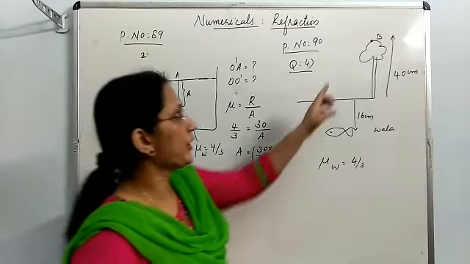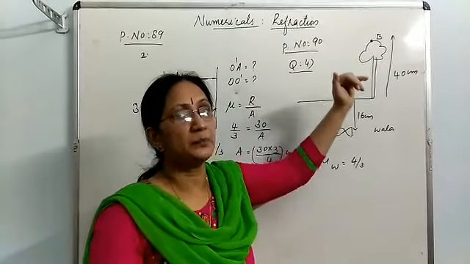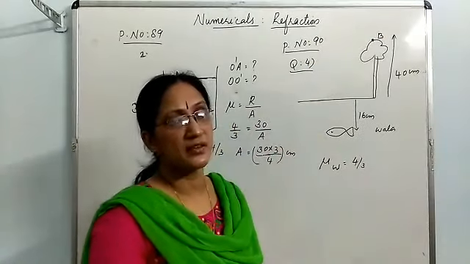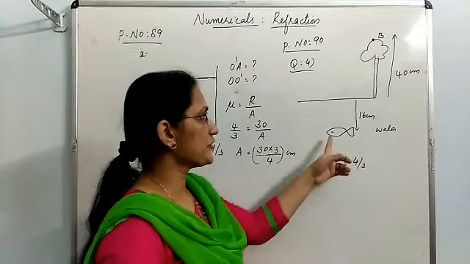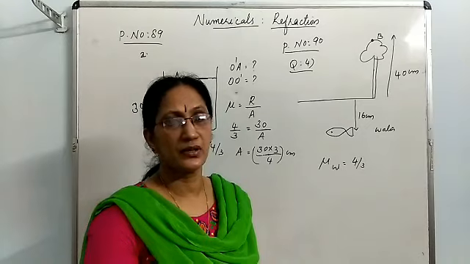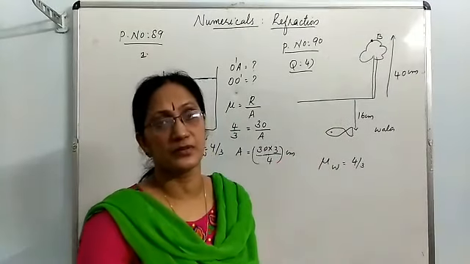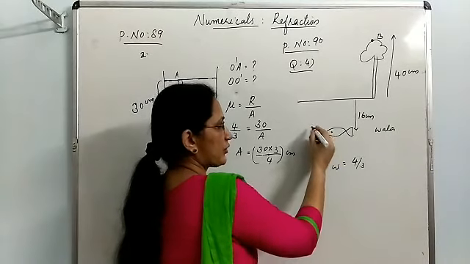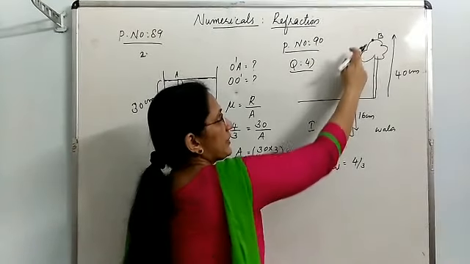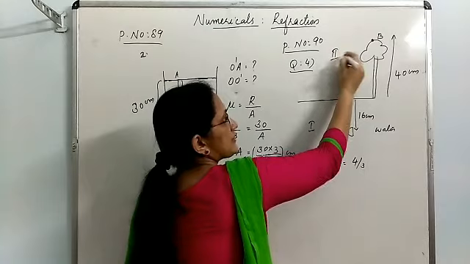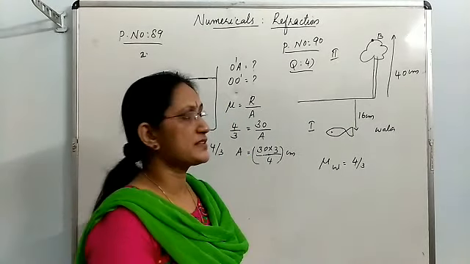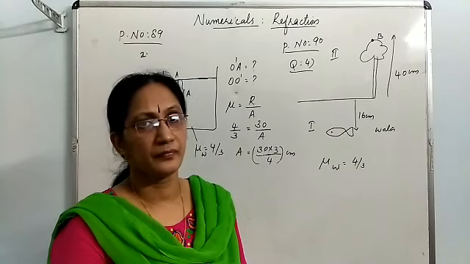That means at what depth this bird will be seeing the fish. Here fish is the object and bird is the observer. So the medium in which object is located is the first medium, where the observer is, that is the second medium. Observer is in air medium, object is in water medium.